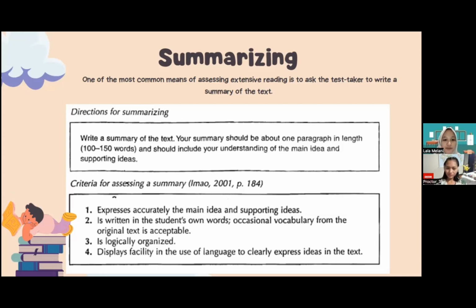For example: expresses accurately the main idea and supporting ideas, is written in the student's own words, occasionally vocabulary from the original text is acceptable, is logically organized, and the last one is displays facility in the use of language to clearly express ideas in the text.